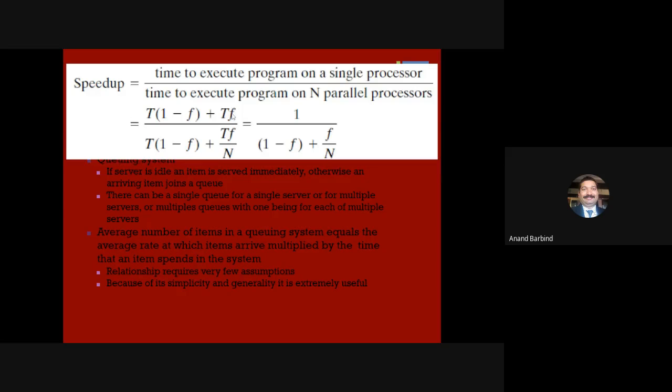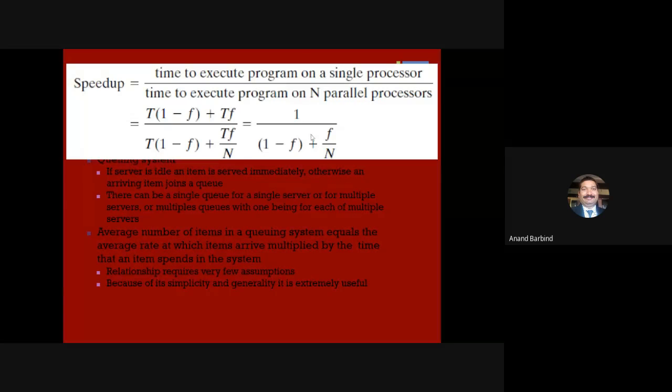If one processor is there, the total time required would be this. But if n processors are there, the serial time cannot be reduced because it is to be executed serially, but the parallel time can be reduced because you have n processors, so it is divided by n. So finally, you have this formula: 1 divided by 1 minus f plus f divided by n.